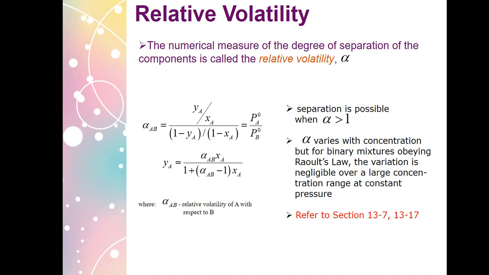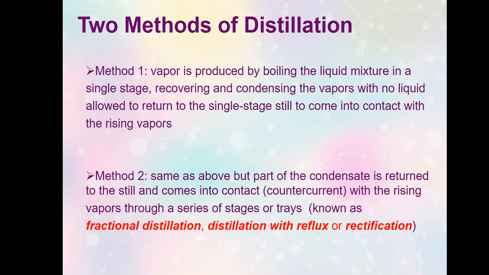There is a variation, but it is negligible, meaning it could be neglected. As to the topic of relative volatility in your handbook, please go to sections 13-7 and 13-17. You have to refer to those sections.